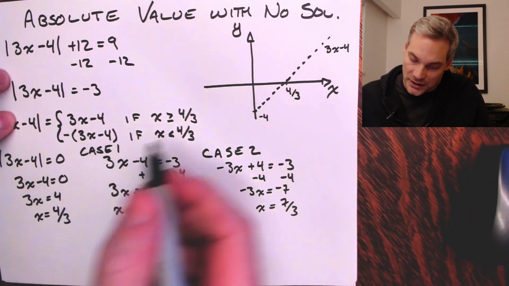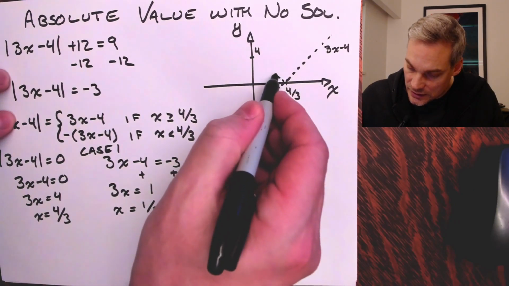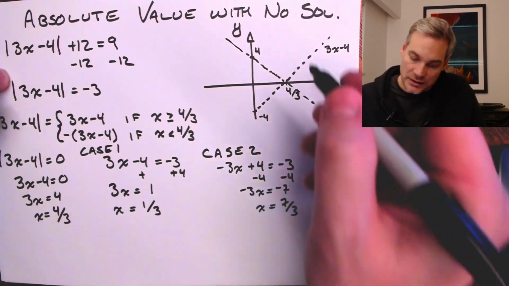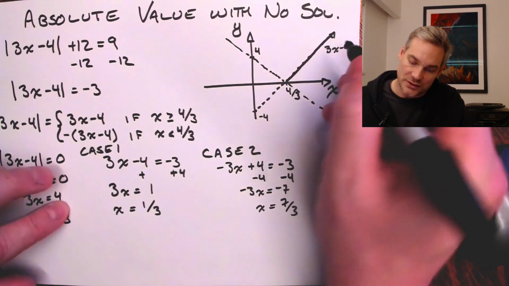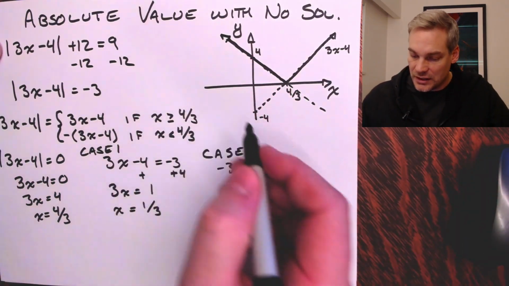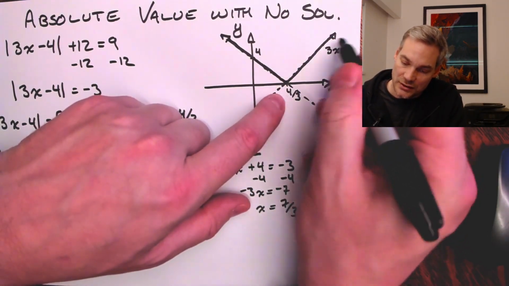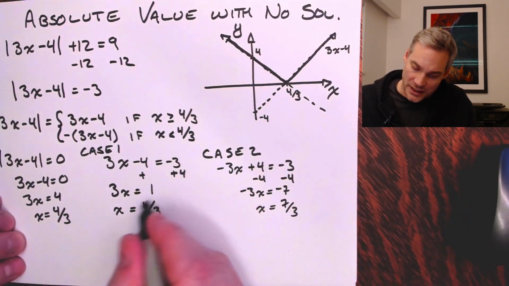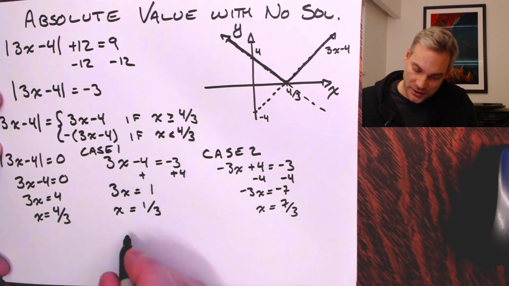Now if I graph the other line, I have positive 4. So these are two lines, but I know that the positive side is the only side I care about. So this says when I'm greater than 4/3, I use this equation, and when I'm less than 4/3, I use this equation. But if I had 1/3 and I put it in here, what's my output?